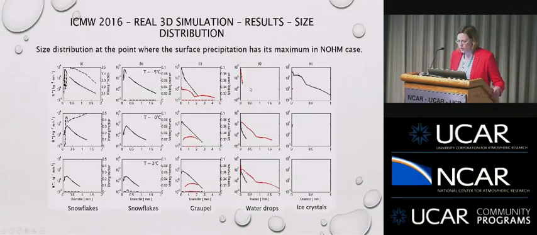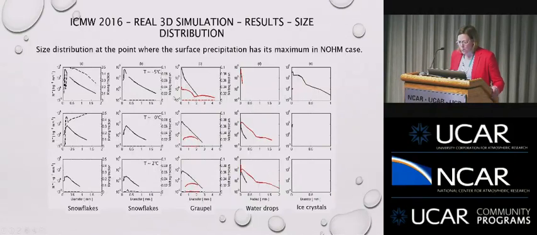The fourth is the water drop size distribution, and the fifth column is the ice crystal number concentration as a function of size. I would like to point out some parts: at -5, which is the middle of the Hallett-Mossop region, we have lots of ice crystals formed due to this effect.